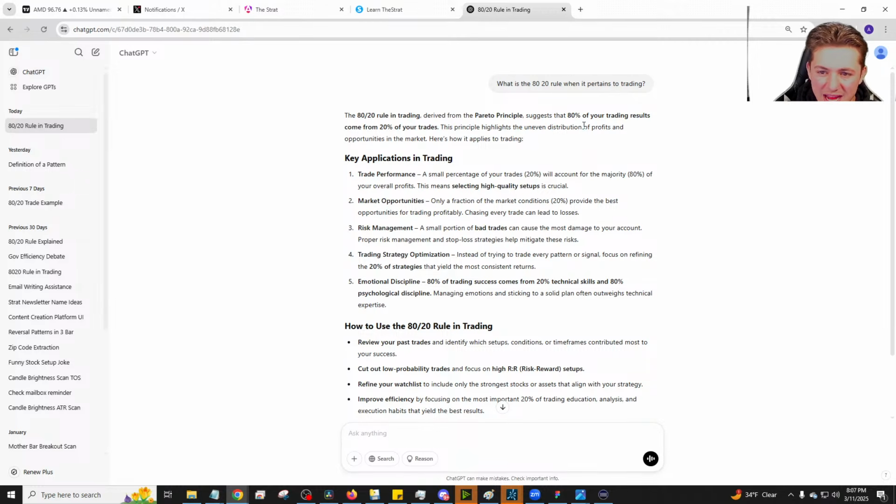So in trading, 80% of your trading results or your profits come from 20% of your trades. The key applications, according to ChatGPT: a small percentage will account for the majority of your profits. So we want to select good setups. We also want to let trades keep going, right?